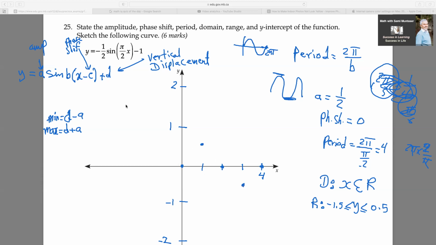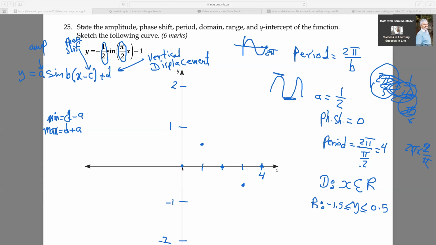Okay. Now what happens, if you look, we took care of this, which is the amplitude. We took care of this, which is the period. So what we have is that negative and we have down 1. That negative is a reflection in the x-axis. So if I go to this one and reflect it over the x-axis, it's right on the x-axis, so it doesn't reflect.